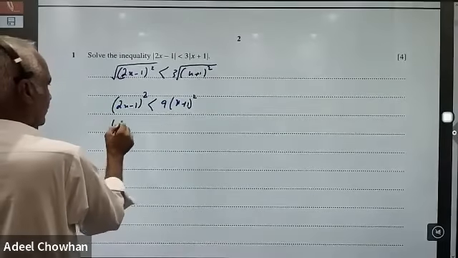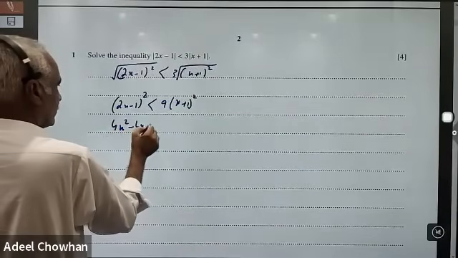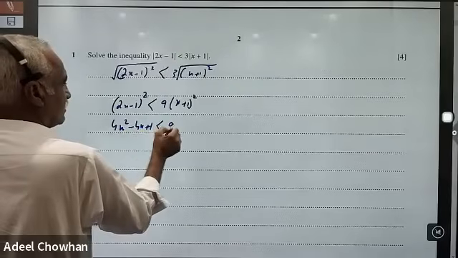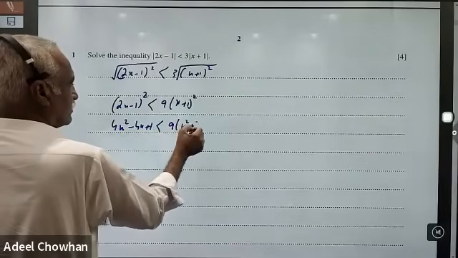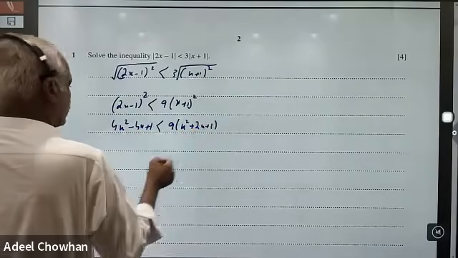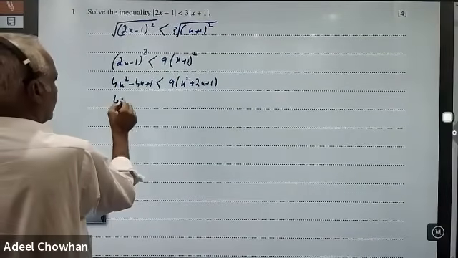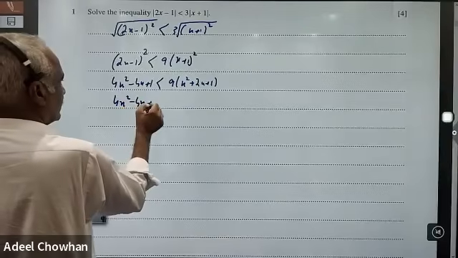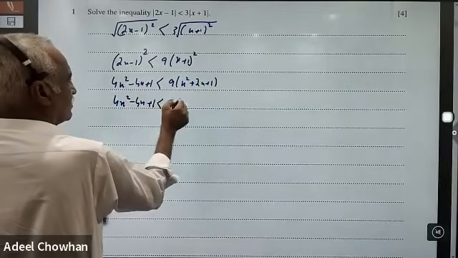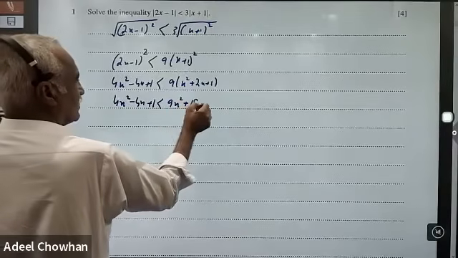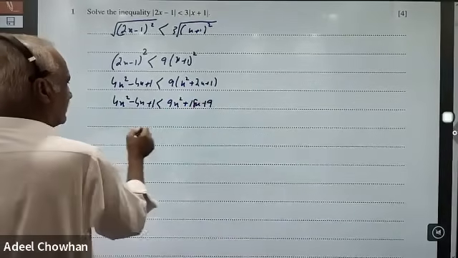Now you open it: 4x square minus 4x plus 1 is less than 9 into (x square plus 2x plus 1). This will become 4x square minus 4x plus 1 is less than 9x square plus 18x plus 9.